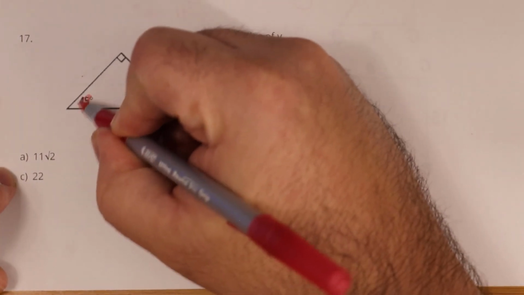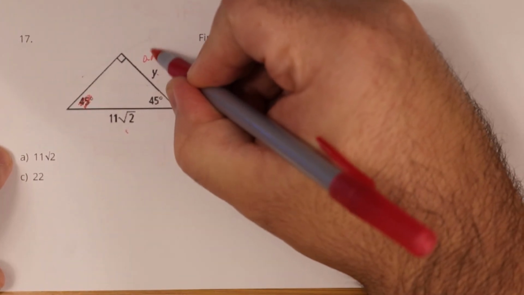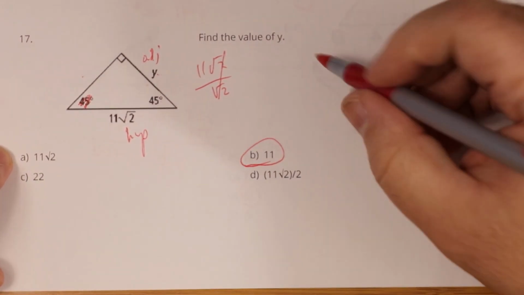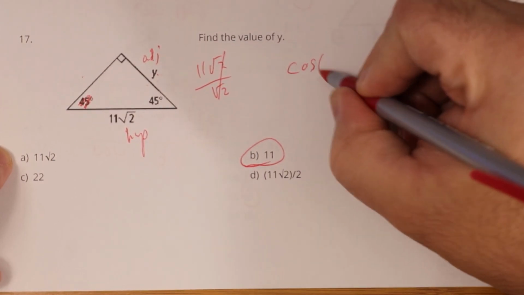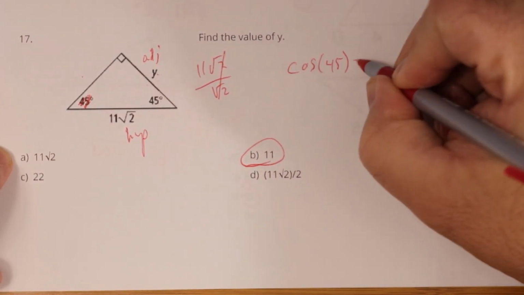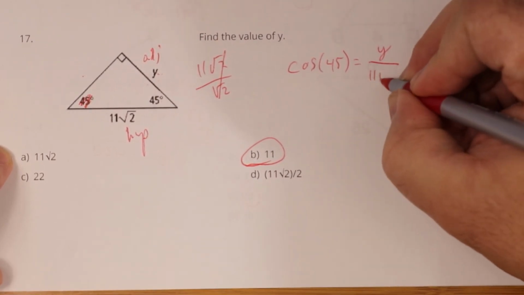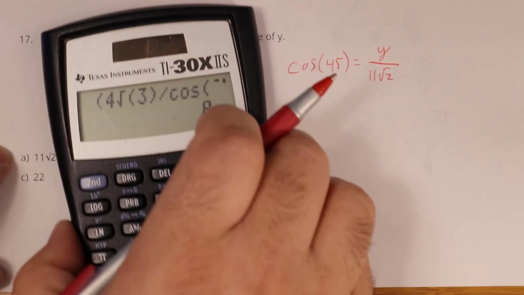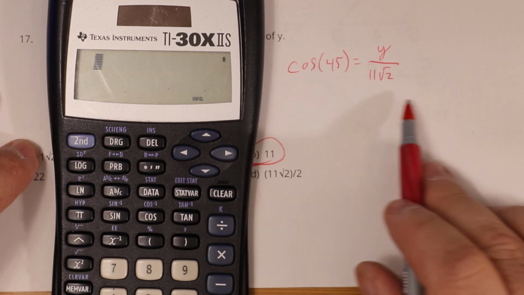pretend this one was in here, and this would be my adjacent, and this would be my hypotenuse, and I'm using cosine of the angle. Adjacent goes to the top, hypotenuse goes to the bottom, and then putting it into my calculator. I still gotta be careful because that's not a nice number.